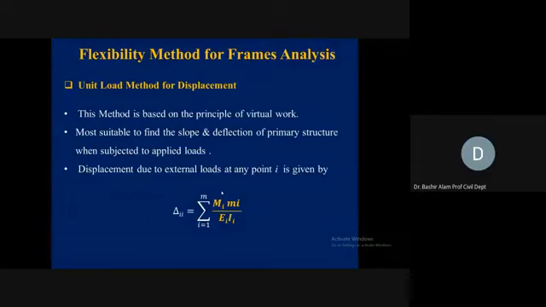This is that small m. So we need to find out the product of these m's, take the integration over the applicable lengths divided by EI, and we sum up the effect of all the members. Then that way we can find out the deflection at a specific location.